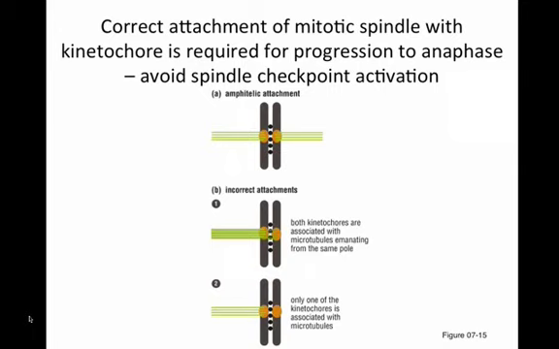Let's say the mitotic spindle on the left attaches to both kinetochores, right? That's not right. Or let's say only one is attached, and you have an unbound kinetochore, right? So there are ways for the cell to detect this.